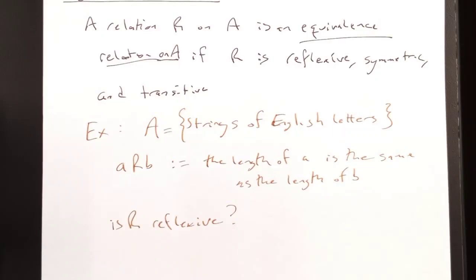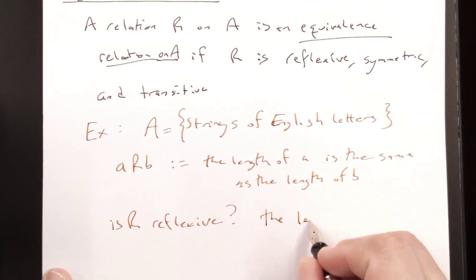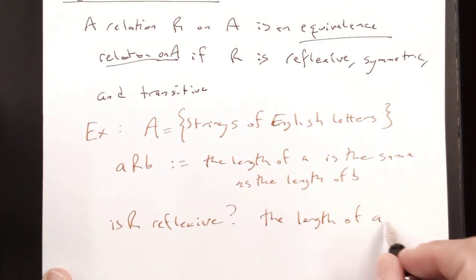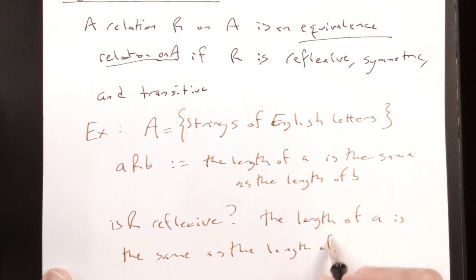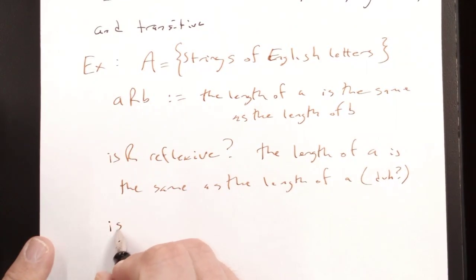The length of A is clearly the same as the length of A. Again, sometimes this is, well, of course it is, man. Duh. I get it. All right. Is it symmetric? Emily, why? Because if A has the same length as B, then B has the same length as A.